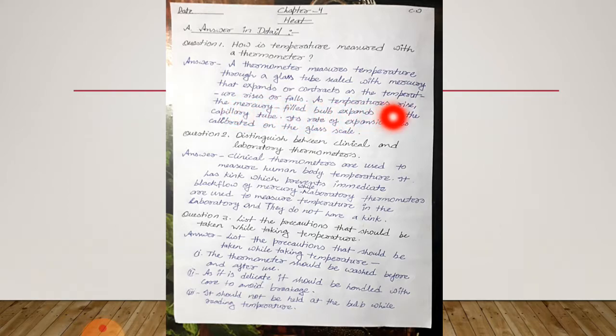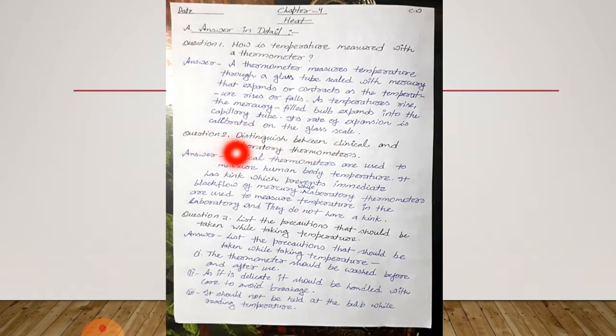As temperature rises, the mercury filled bulb expands into the capillary tube. Its rate of expansion is calibrated on the glass scale.